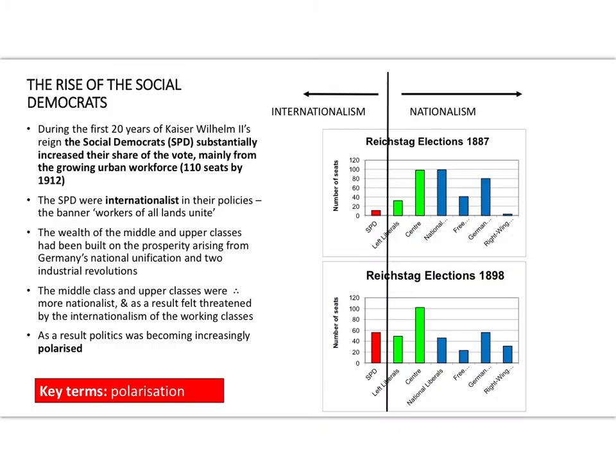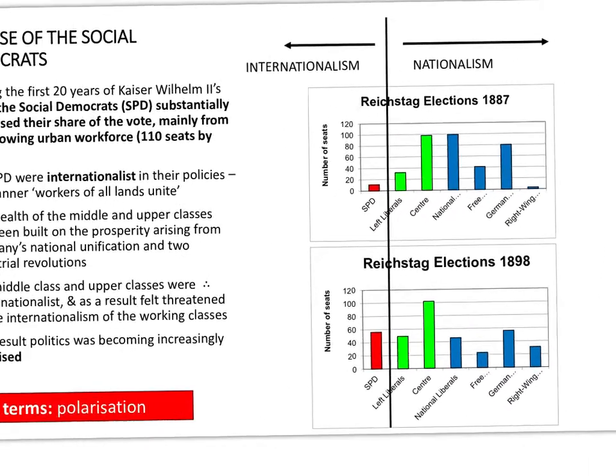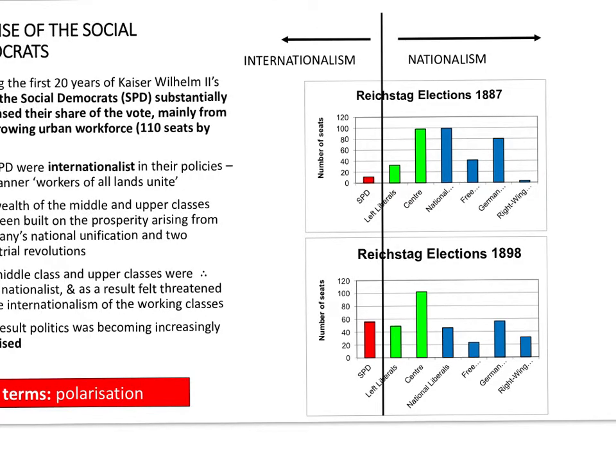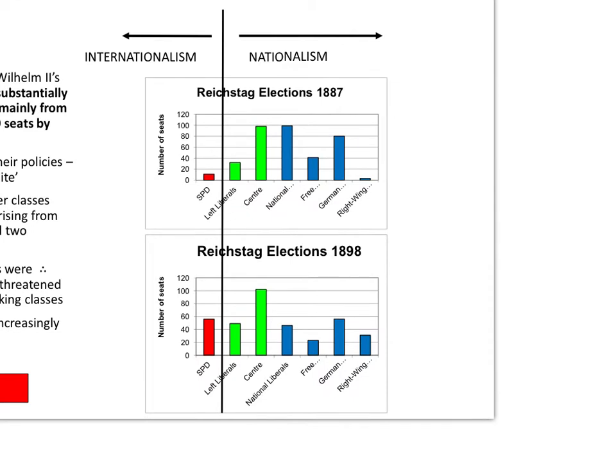Okay, so and then you've got the rise of the Social Democrats. So there I've represented the fact that, in a sense, what we're doing here is we've taken our social pyramid and turned it sideways on.